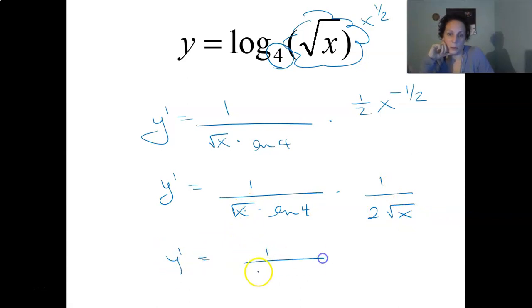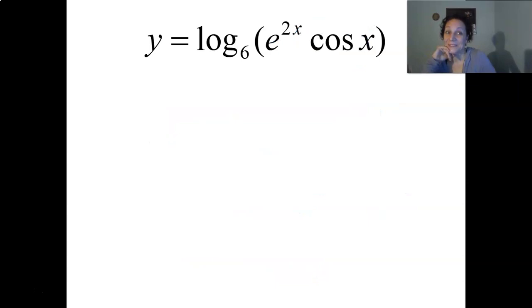So I get 1 over 2x ln of 4. Okay, lots of simplification with these. If you're noticing that your answers aren't matching the answers that you're seeing somewhere, look for simplifications. Anytime there's logs involved, there's always tons of simplifications.